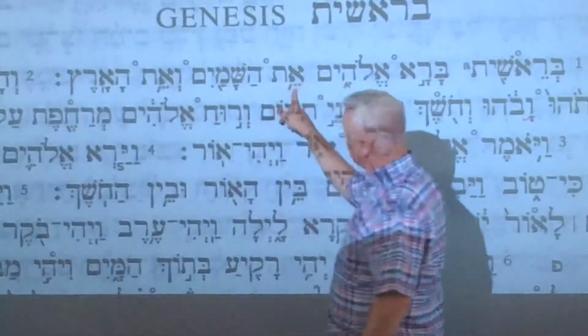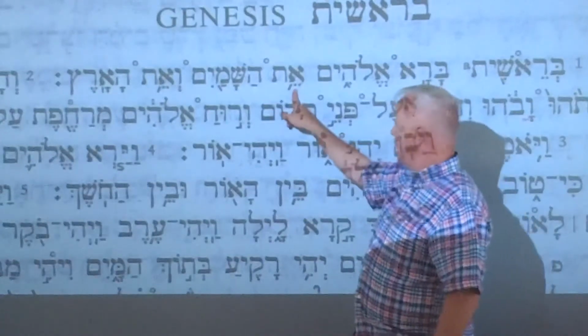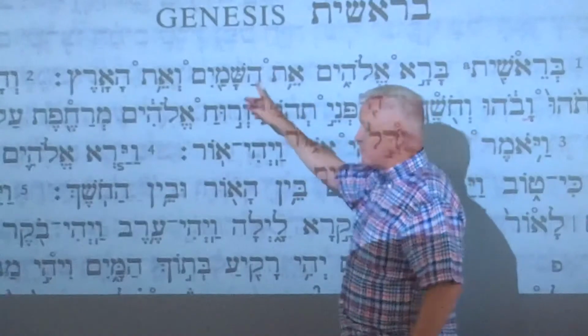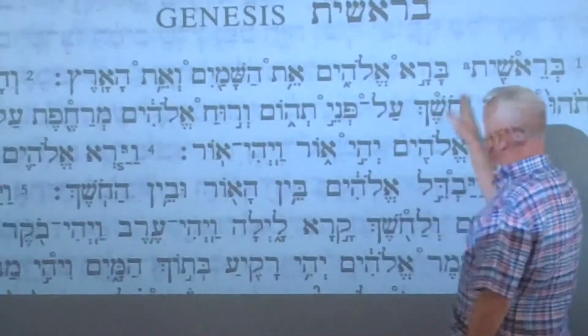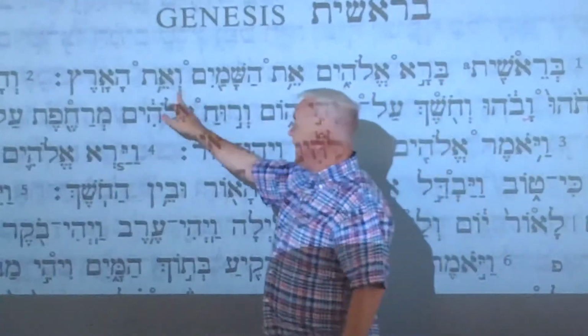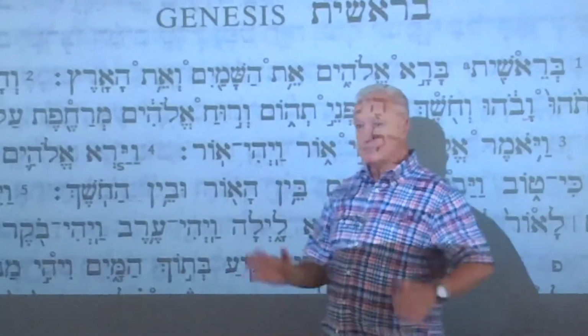See here, there's no conjunction vav in front of this et. Bereshit bara Elohim et hashemayim va'et haaretz. In English, in the beginning, God created the heavens and the earth. Everybody good so far? Awesome.